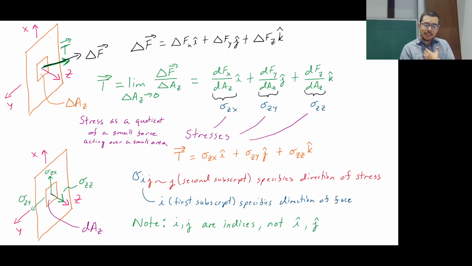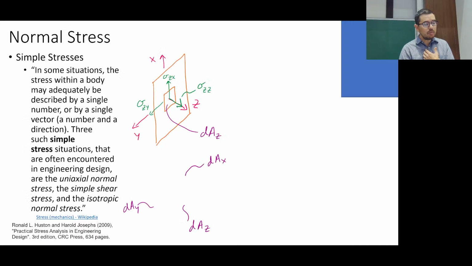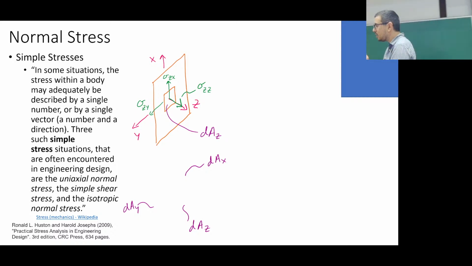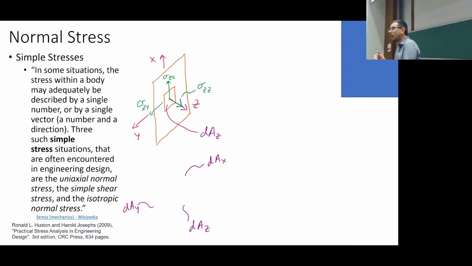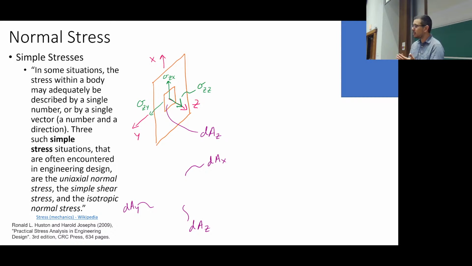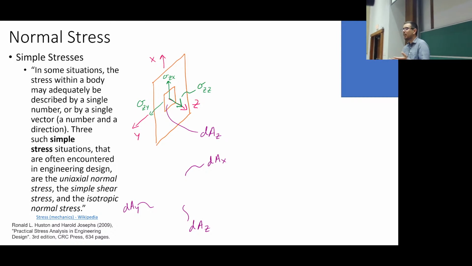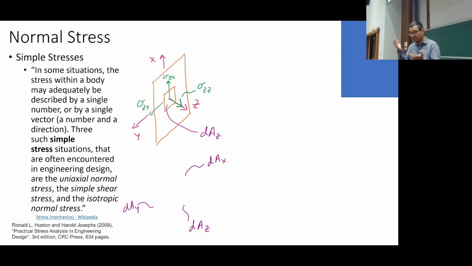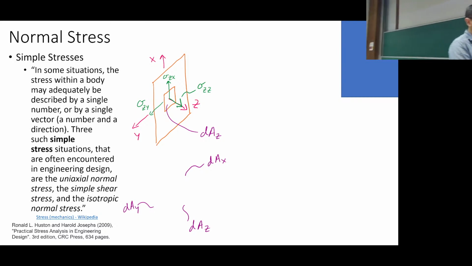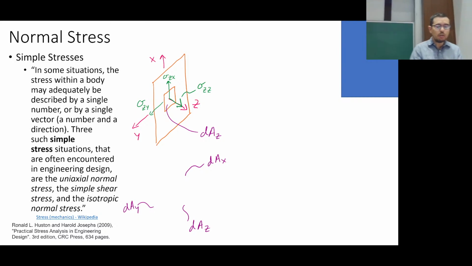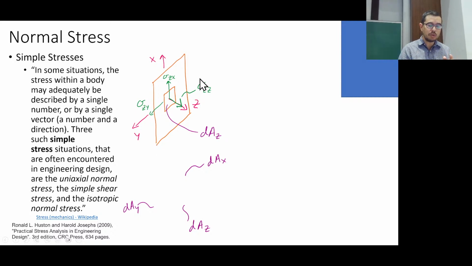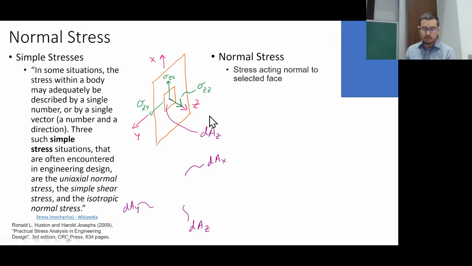But typically, I feel much more comfortable dealing with forces or stresses that are acting in the same direction as the face. So I like my sigma xx, I like my sigma yy, I like my sigma zz. I probably shouldn't have preferences. These are what we call normal stresses, when the direction of the stress is in line with the face.